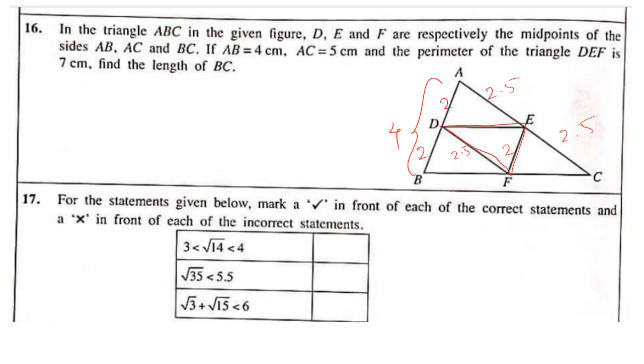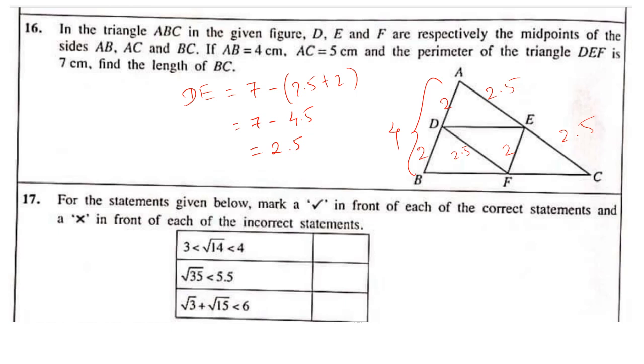The perimeter of the triangle DEF is 7 centimeters, right? Then if it is 7 centimeters, DE is equal to 7 minus 2.5 plus 2, right? That is 7 minus 4.5. This is 2.5, right?